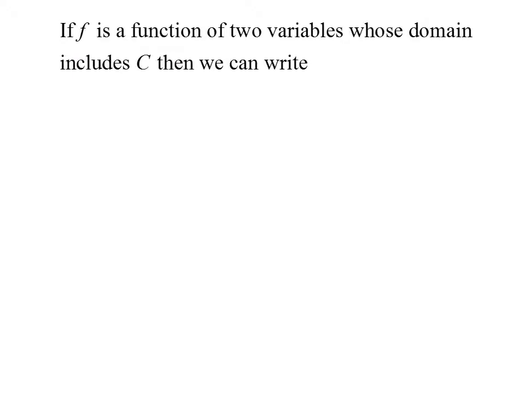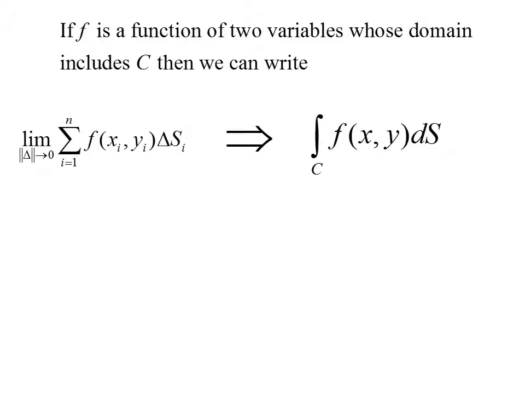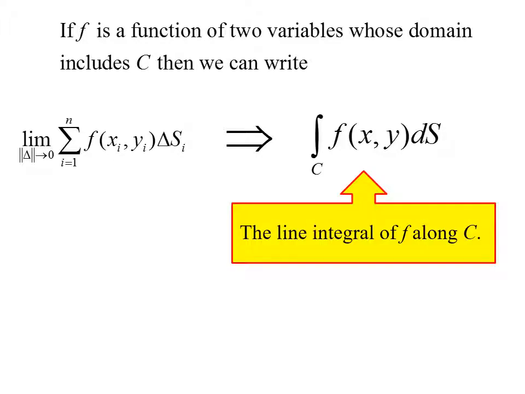So if we take a function that's defined on the curve, which we called c, then if we multiply the function value times the arc length, we get an area, which we can add up over the entire partition. And if we do the limit of that, as the norm of the partition goes to 0, we get the integral, which we call the line integral.